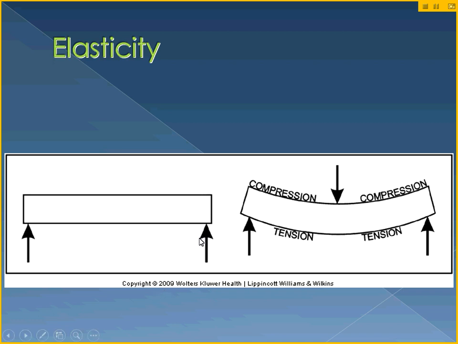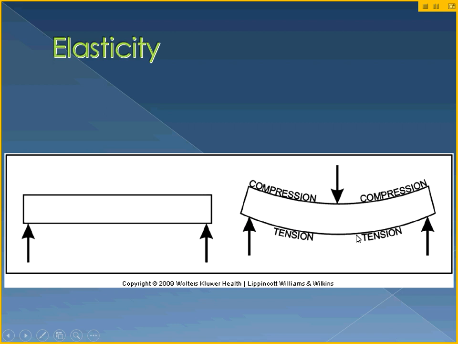So when we look at elasticity of a material, if we place a force on the ends of this material, we end up with compression on one side of the material and tension on the other. So to compress something means to make it smaller, to squeeze it. So if you can imagine being on this side of this material, this side is being squeezed, it's being compressed.